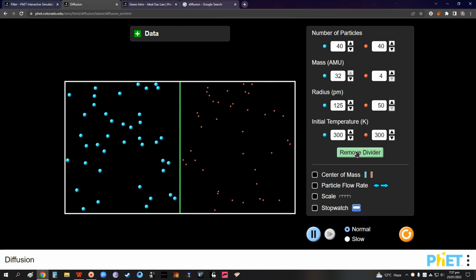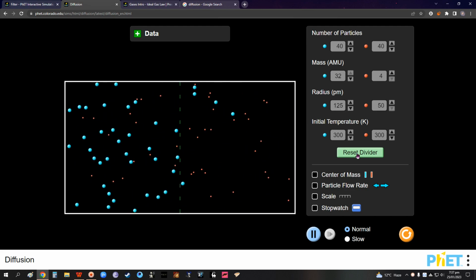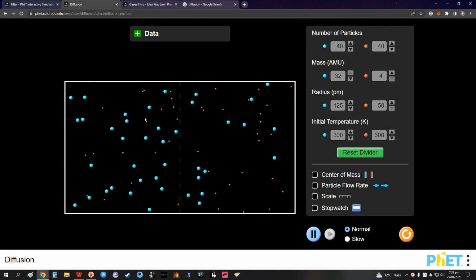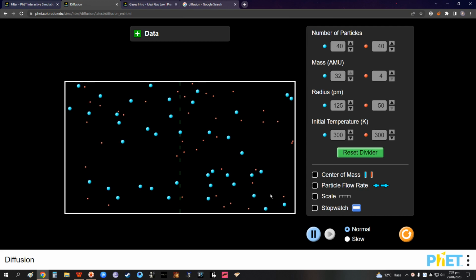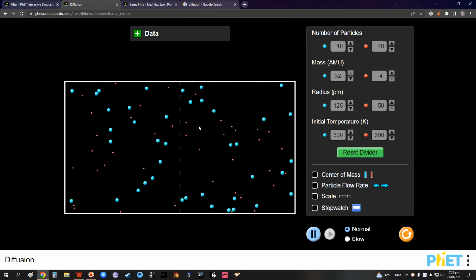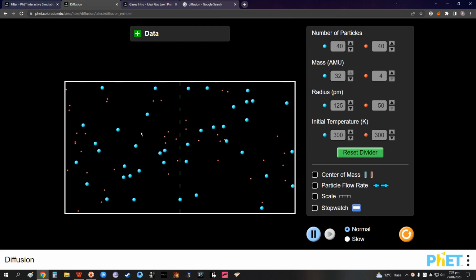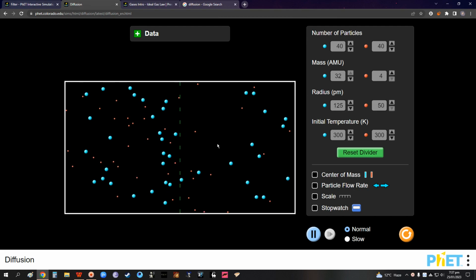I'm going to remove the divider. Once I do that, as you can see, the particles are mixing together. The red ones are fully diffused while the blue ones are taking their time since they're heavier. As you can see, even though these particles are very small, once they hit these blue particles, they actually alter their path, or slow them down, or give them more speed, right?